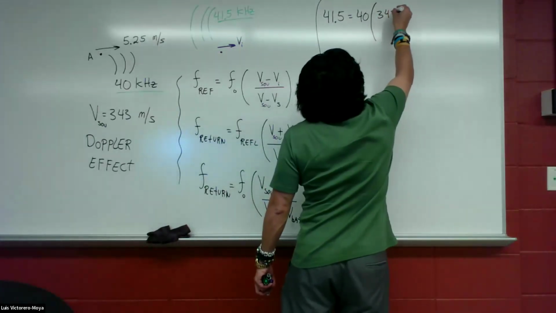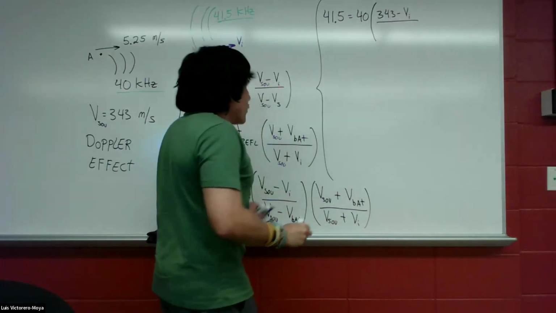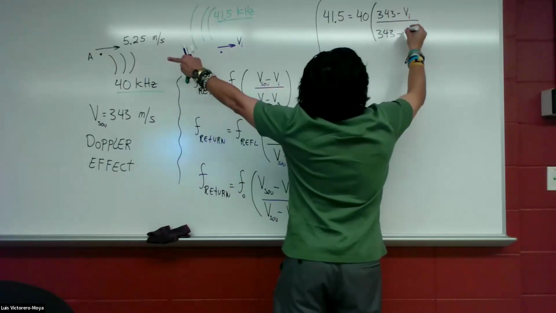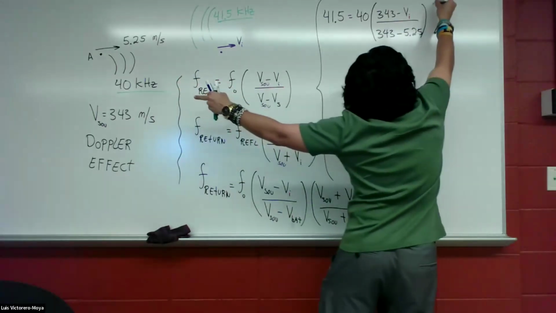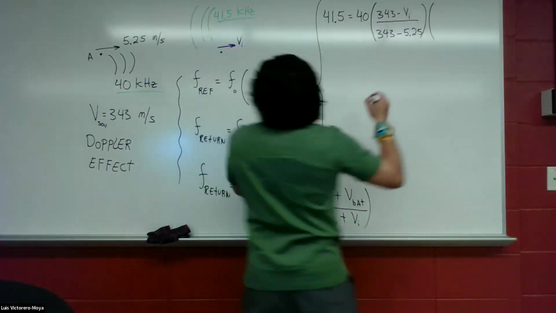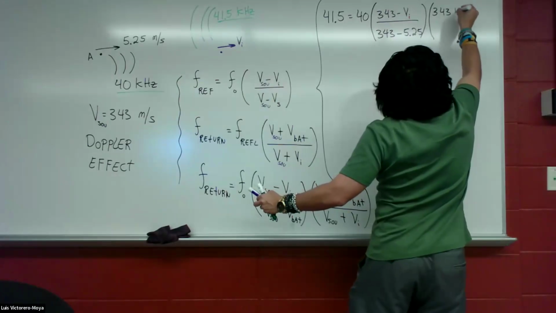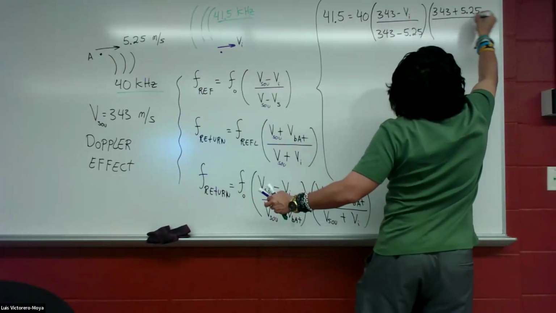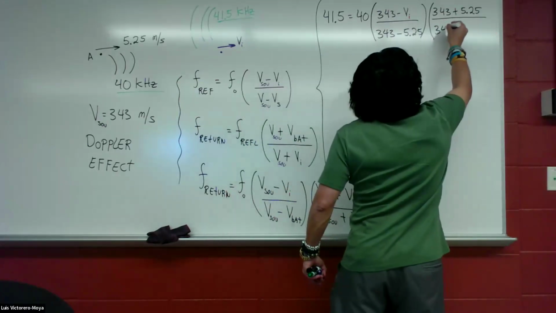So 343 minus the insect over 343 minus 5.25. And then you have 343 plus 5.25 over 343 plus the insect.